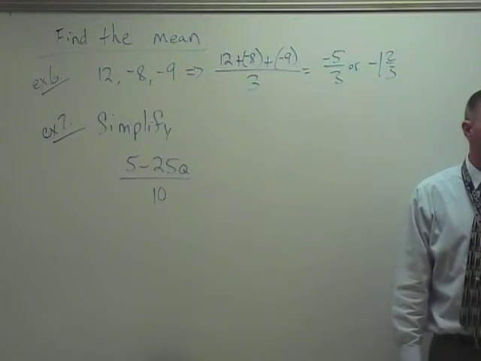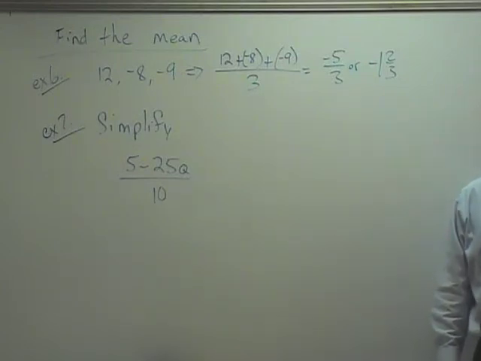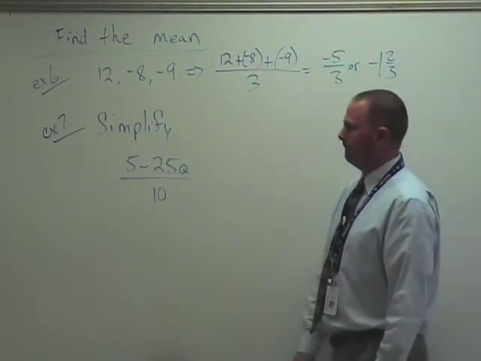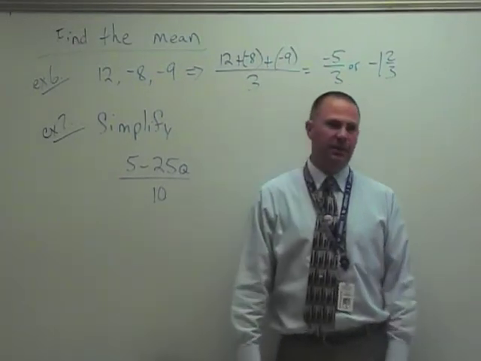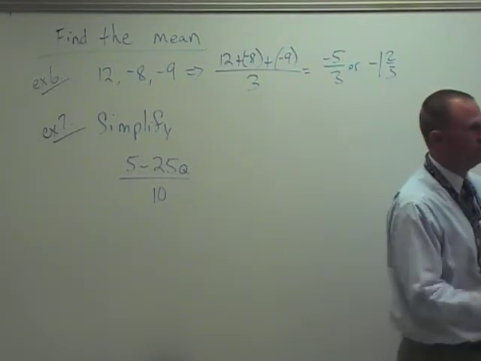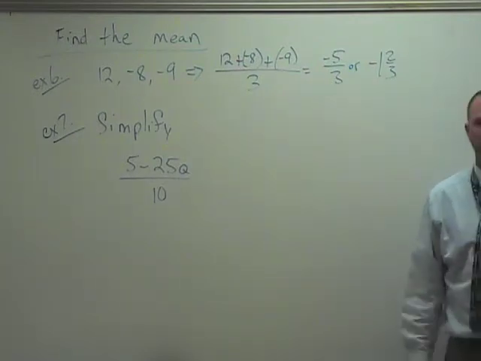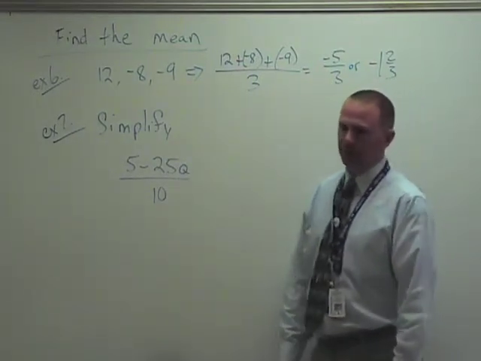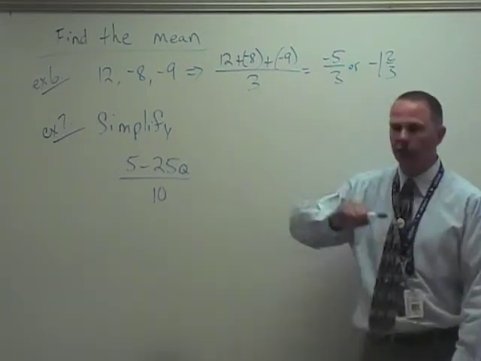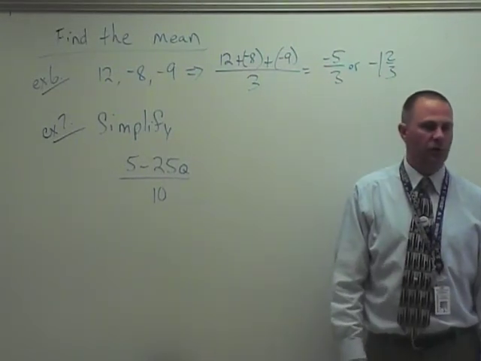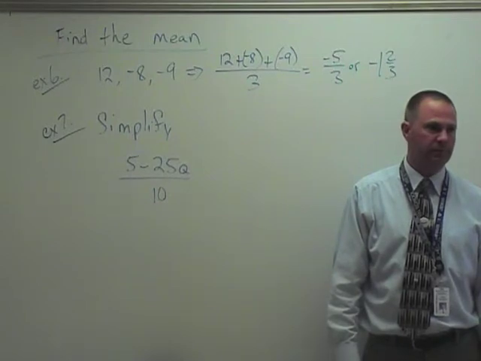I've already told you about this. Worked on it just briefly. Taking a complex fraction, breaking it apart, or understanding how to break it apart, and making it simpler, manipulating it. There's no equal sign, so you can't solve for q. So you're just manipulating here.